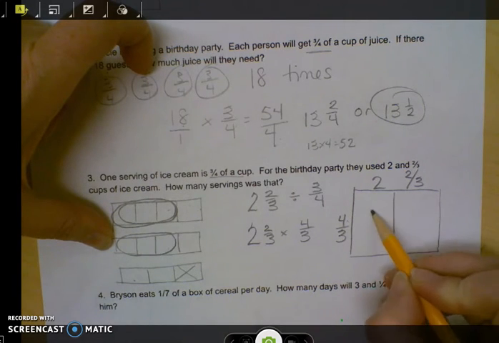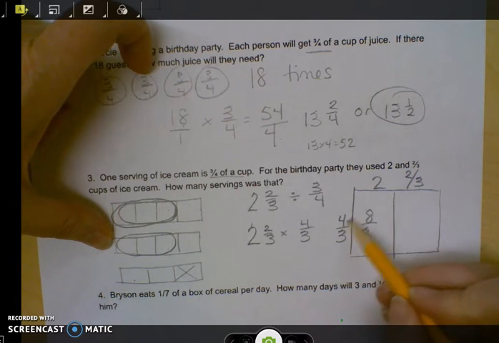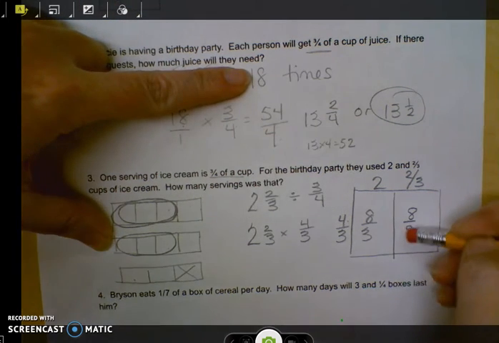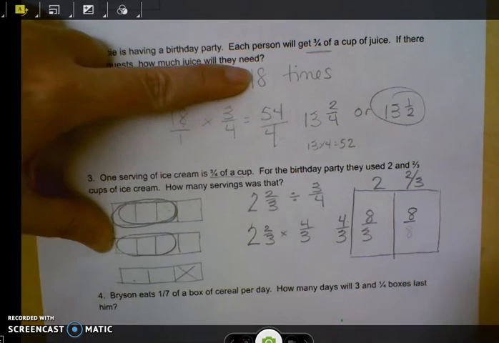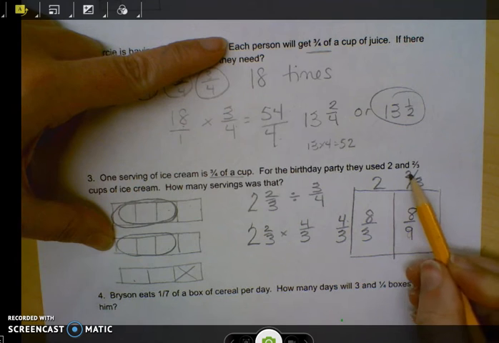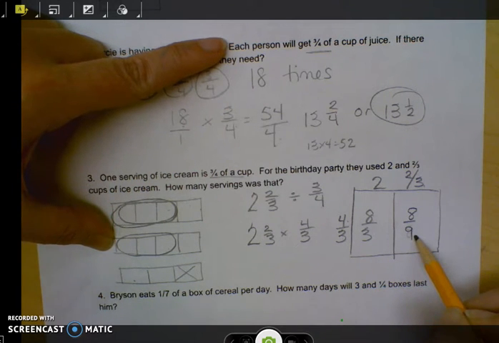Two groups of 4/3 is 8/3, and 2/3 times 4/3 is 8/9. I did numerator times numerator, denominator times denominator to get 8/9.